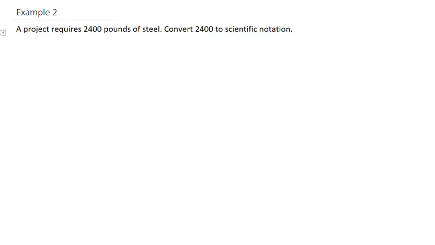Example 2. A project requires 2,400 pounds of steel. Convert 2,400 to scientific notation. So here we have 2,400, where the decimal is right there. Now we need to move the decimal over to the left, so only one number is to the left of the decimal, between the numbers of 1 to 9.